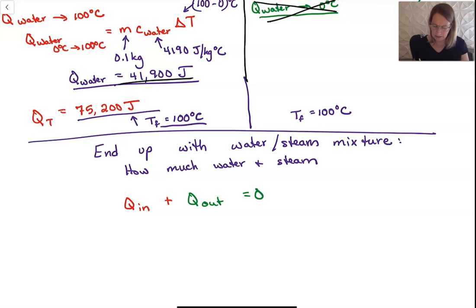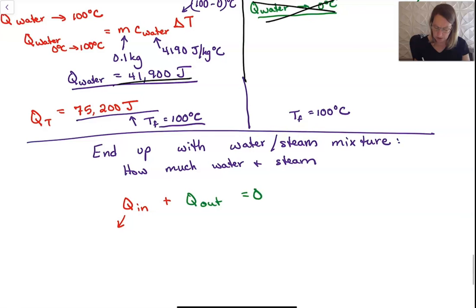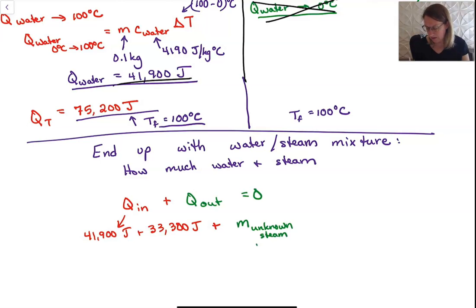And so we're going to recognize that in the Q inside we have 41,900 joules plus the 33,300 joules plus the question is how much steam, the unknown mass of steam, we need to condense to then provide this amount of energy. Okay, so that's what our Q in plus Q out equation looks like.